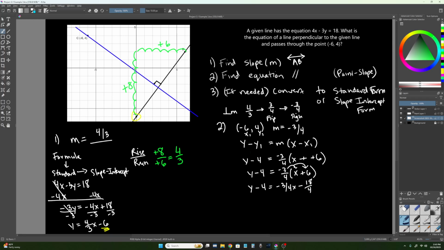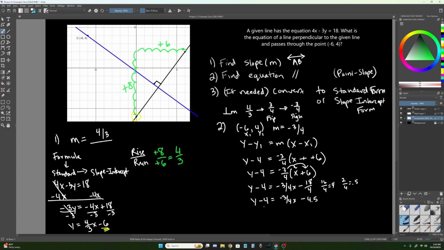If I look at that, I know 16 divided by 4 is 4, and then I would have 2 over 4, which is 0.5. So that basically becomes negative 4.5. So I get negative 3/4 x minus 4.5.